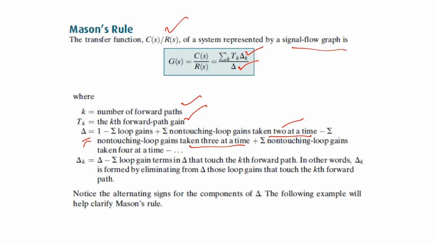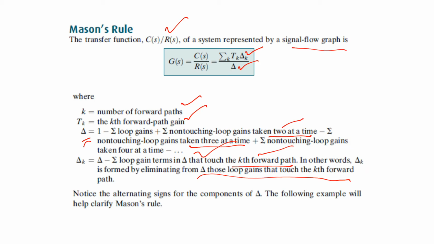In other words, delta K is formed by eliminating from delta those loop gains that touch the kth forward path. So we take the kth forward path, eliminate the loop gains that touch it, and then that term can be obtained. That can be explained with this example.